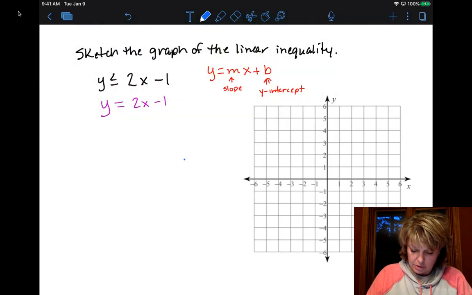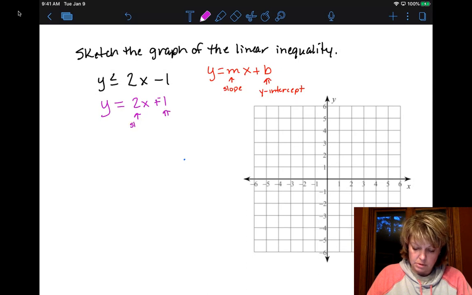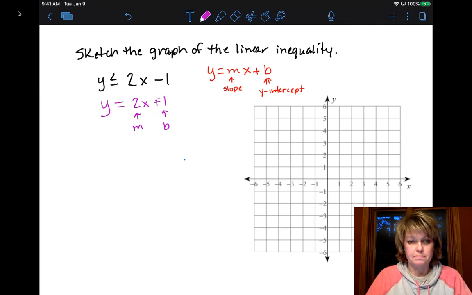When we graph our equation, we have to remember that 2 is the slope, and if I change subtraction to addition, I get -1 is my y-intercept. So we have M and B.